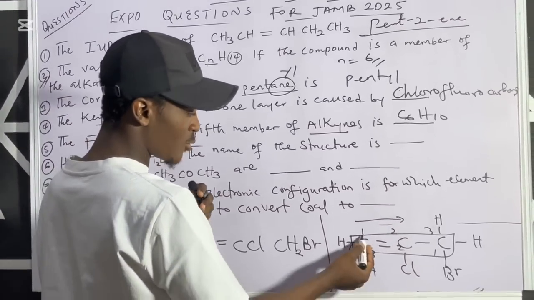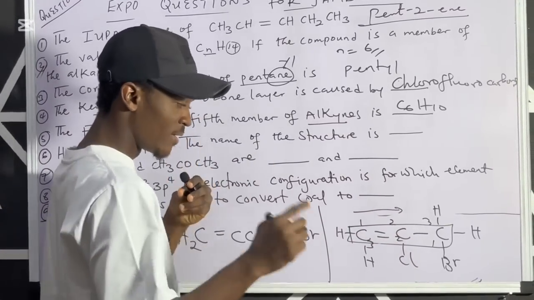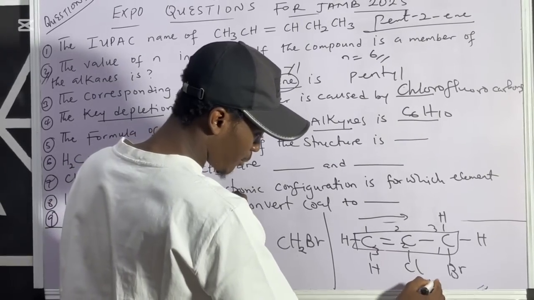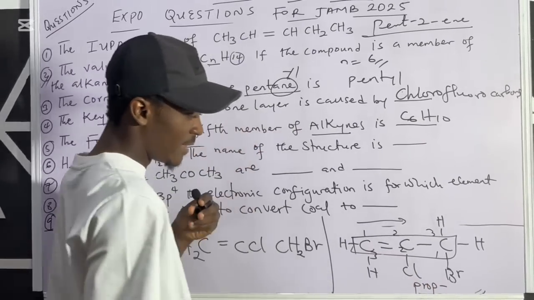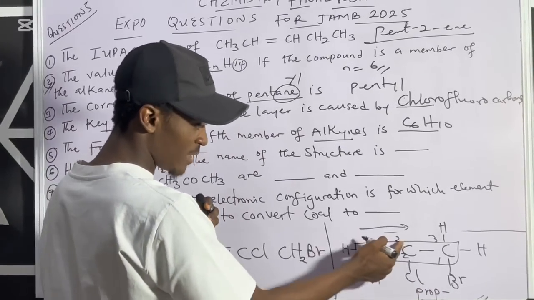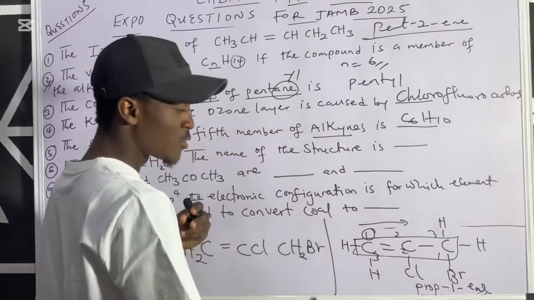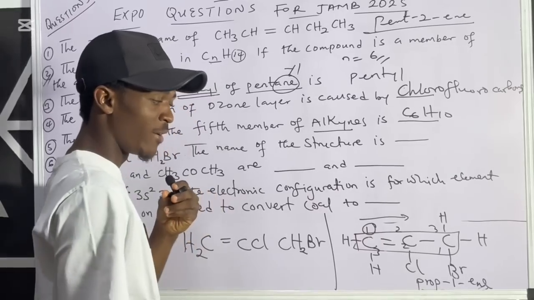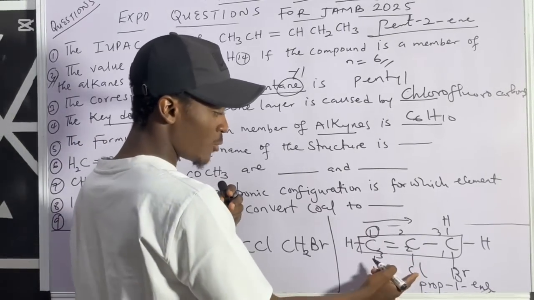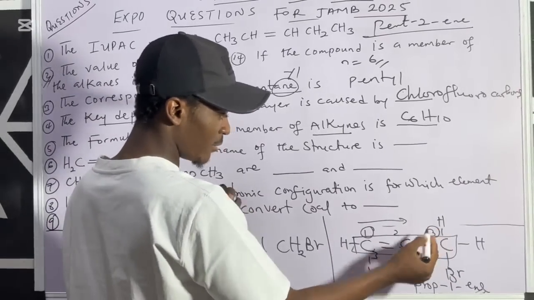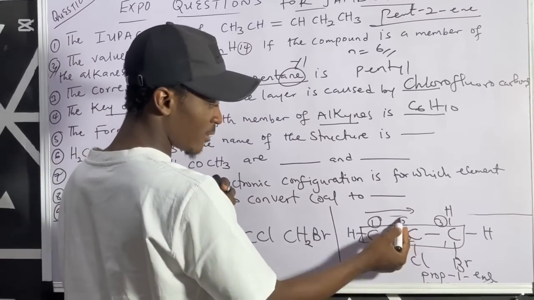Then next, between 1 and 2, which one is smaller? 1. How many carbons are there? 3. We have prop. Prop is for 3 carbons. Then prop what? Prop-1-ene, because we should go with 1. Then next, since we went with the forward direction, we have to go with it all the way. We have chlorine and we have bromine. Bromine is on carbon 3, while chlorine is on carbon 2.